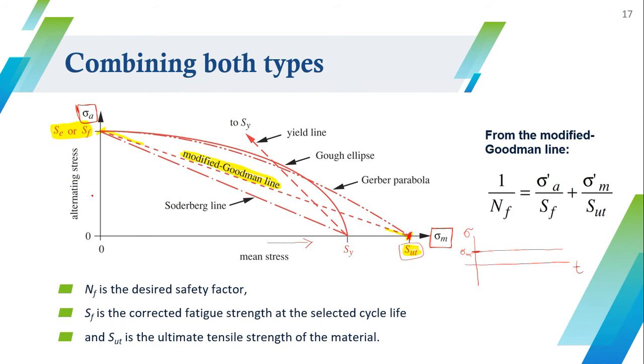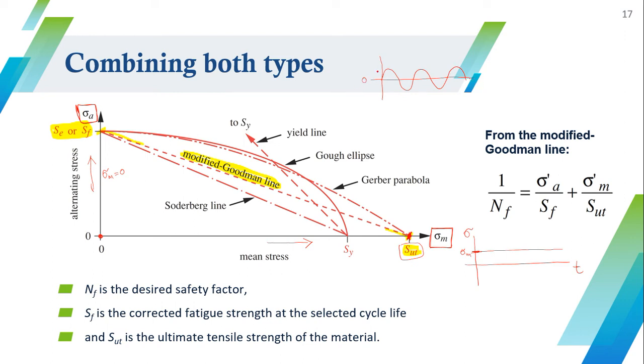Likewise, if you come to this y-axis, on this axis sigma m is equal to 0, because it is a 0 value here. Now if you remember, we saw two cases of alternating stresses. There was one where the mean of the stress was 0, right?